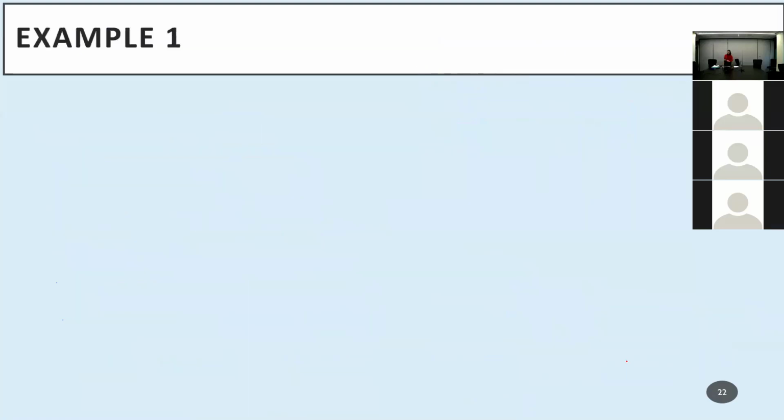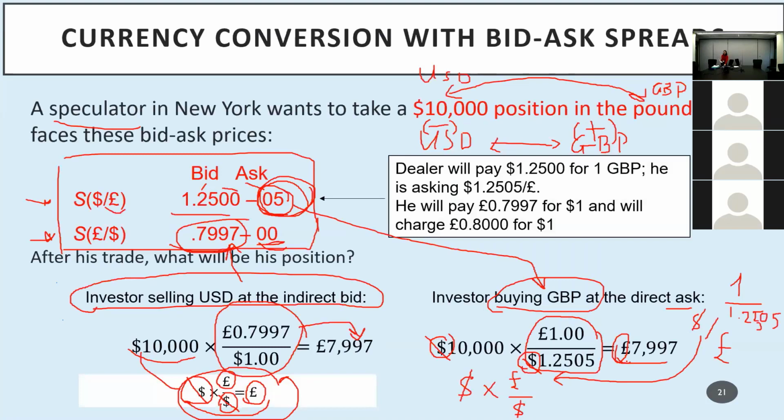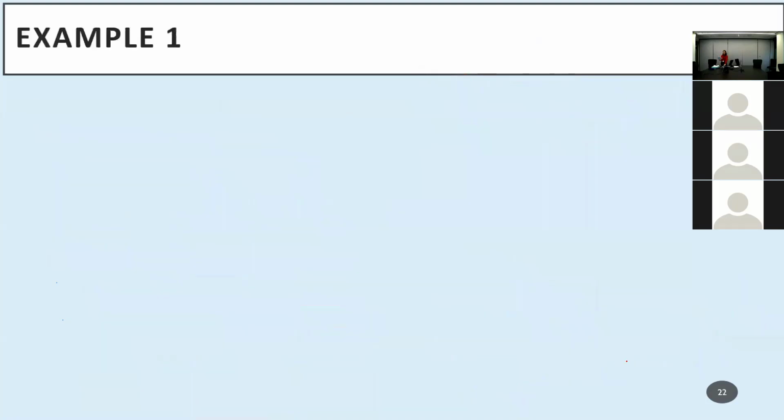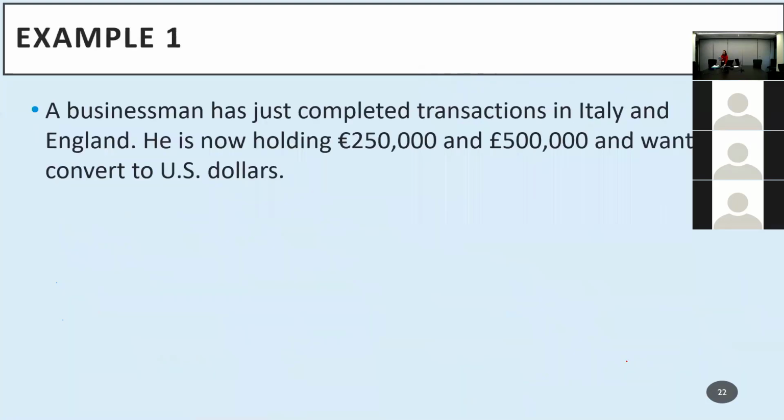Okay, so we have done this example before. Now let's take it to a more realistic case. We have a businessman who is having international trades around the world. He just completed 2 transactions, one in Italy and one in England. For the 2 transactions, he gets paid in the euro and in the pounds.